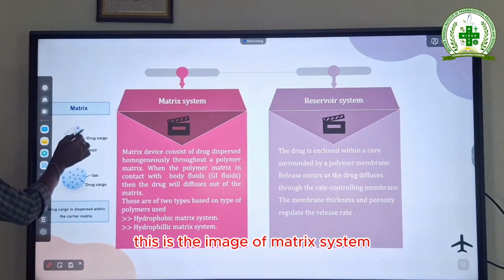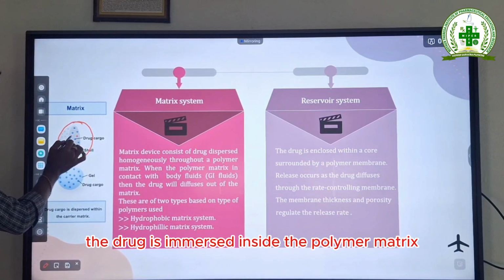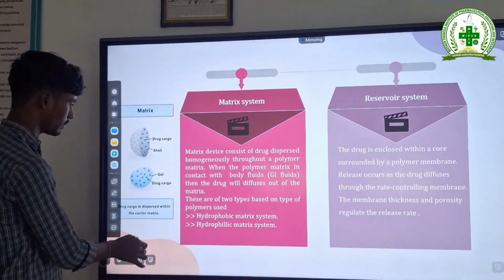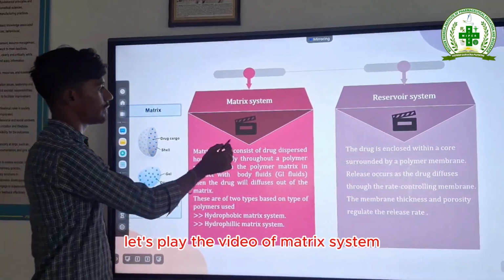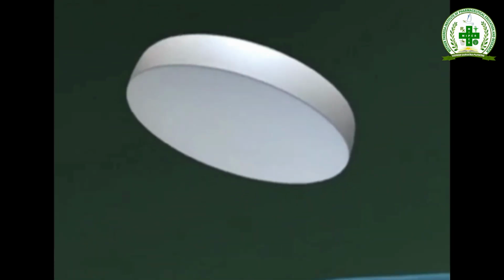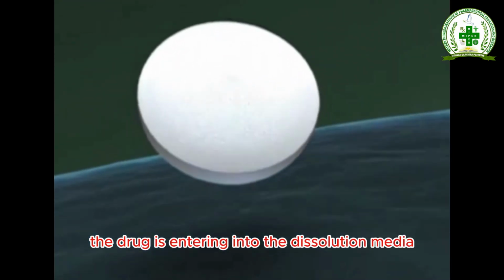This is the image of matrix system. The drug is immersed inside the polymer matrix. Let's play the video of matrix system. Here you can observe that the drug is entering into the dissolution media.